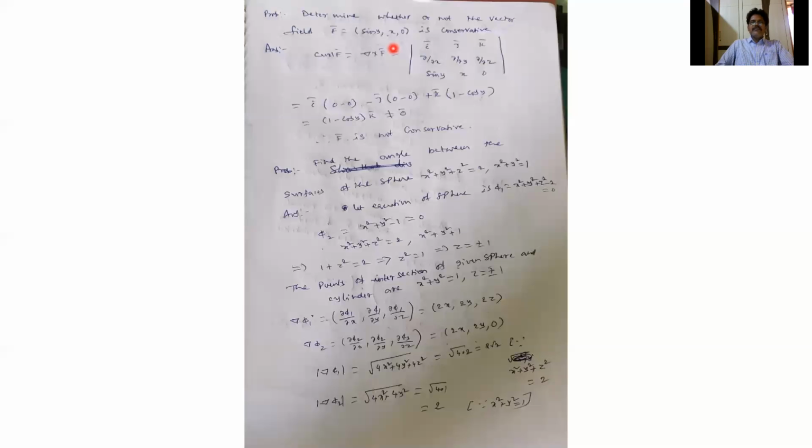To show this, we have to find the curl of f bar. Del cross f bar is the determinant with i, j, k, dou by dou x, dou by dou y, dou by dou z, and f1, f2, f3, here sin y, x, 0. If it is 0, it is conservative; if not 0, it is not conservative.